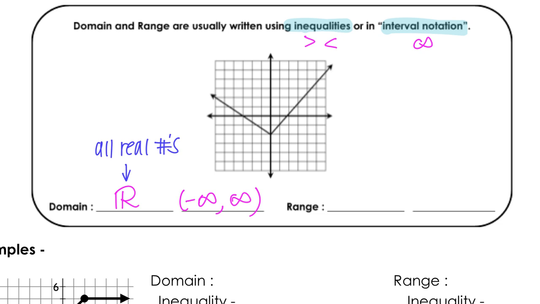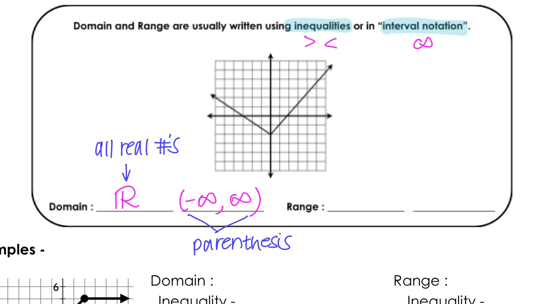When we have an infinity sign, we get parentheses. So you will start to notice that as we go through domain and range, sometimes we will have parentheses, and sometimes we will have something called brackets, which we'll talk about here in a second. Anytime you have an infinity sign, there is a parentheses either in front of it or behind it, closing it off, okay?